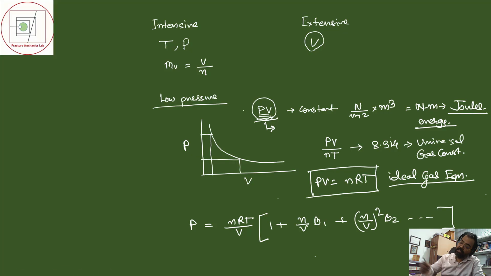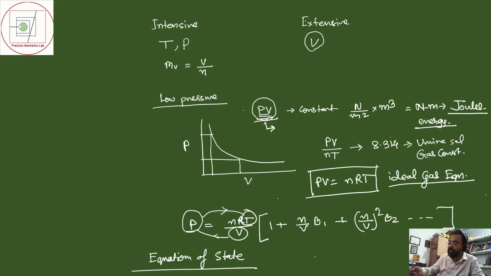So this is a generic equation which creates the relationship between pressure, volume, and temperature. An equation correlating these three variables is known as an equation of state; if you have more equations, they are called equations of state. And these B1 and B2 and so on are called virial coefficients.